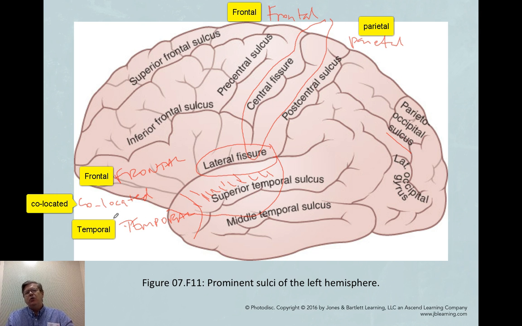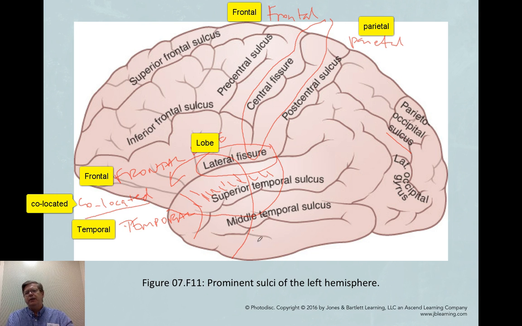But because the frontal and temporal lobes are co-located, so they sit next to each other, what tends to happen is that if the blood supply is disrupted, because the blood supply doesn't respect any boundary according to the lobar, the blood supply is not specifically feeding just the frontal lobe or just the temporal lobe.